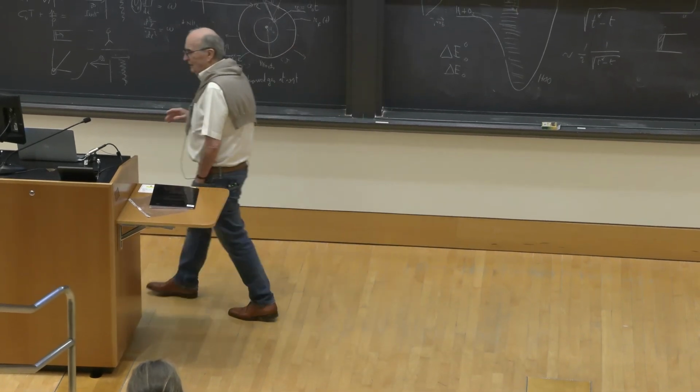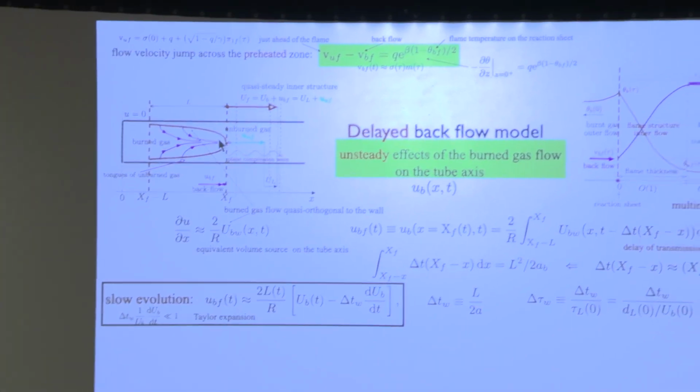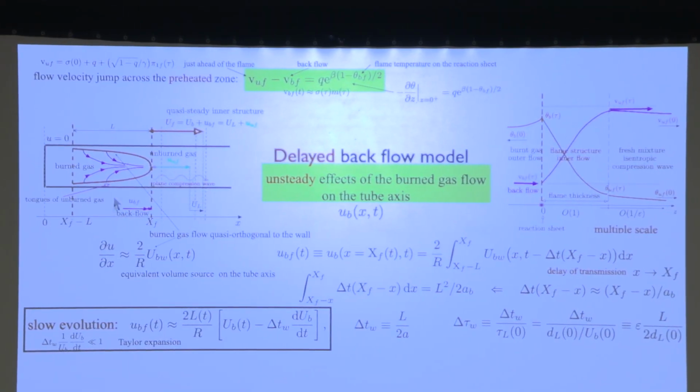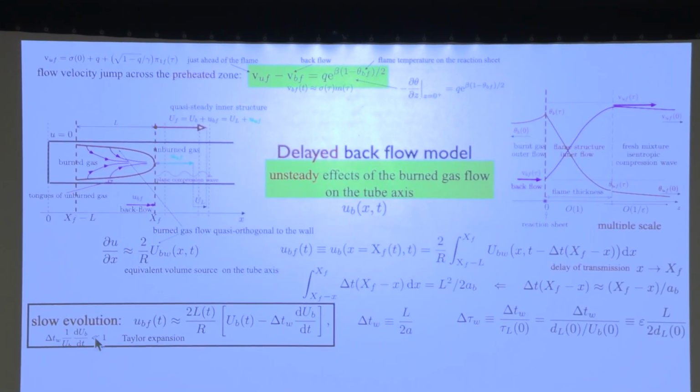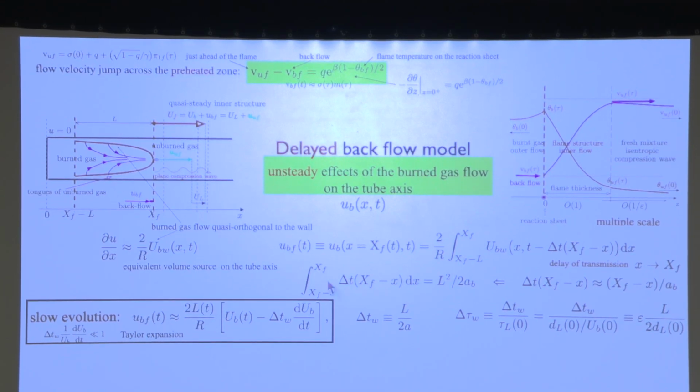So it's not a big deal to say that the evolution is going to be a small number. So you develop, and if you develop, you obtain now what I call a delayed backflow.